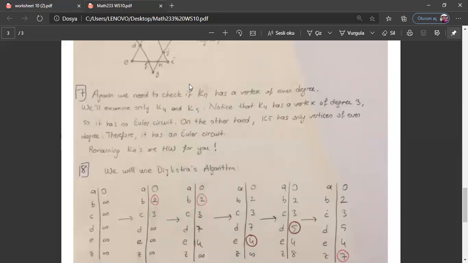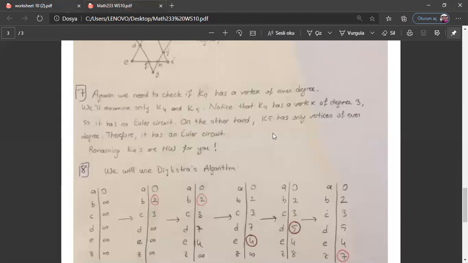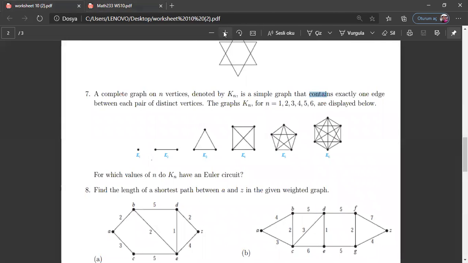K4 has a vertex of degree 3, right? K4 is here. If you look at this vertex, for example, it has degree 3, so there is an odd degree, which means there is no Euler circuit on this graph. What about K5? Here we have K5.